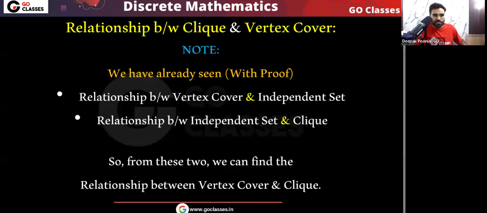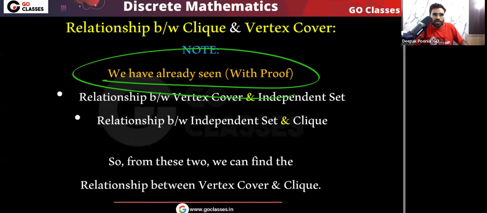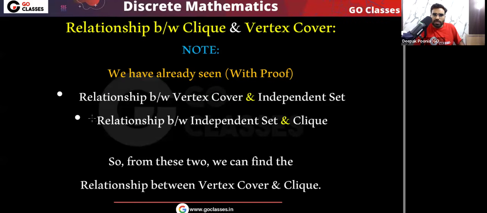So far, we have already seen with proof that vertex cover and independent set are complementary within G itself.